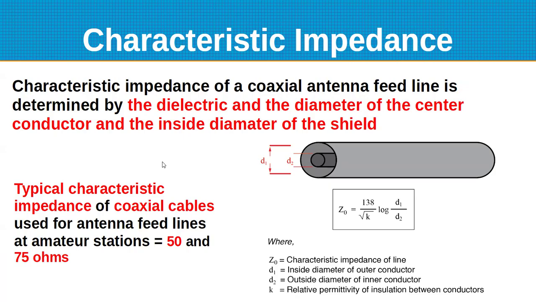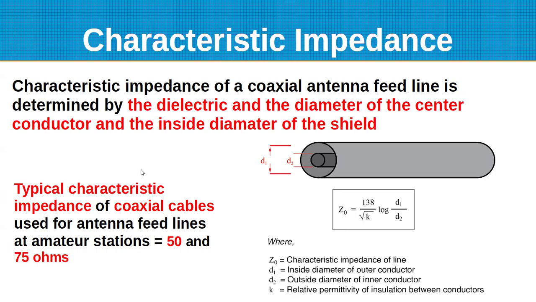We also use coaxial cable, and the formula is similar. The concept is a little bit different, and it's the log of the ratio of the inside of the shield divided by the diameter of the center conductor. So it's basically the spacing between the two conductors. This happens to be circular, which is why this 138 changes.